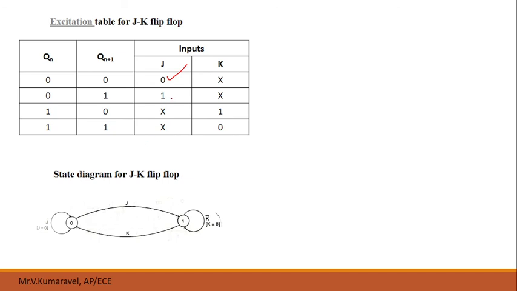But when J equals 1, it will go from 0 to 1. Similarly, we can see for K. For K equal to 1, what happens? It will go from 1 to 0. Therefore K equals 1, it will change its state from 1 to 0, but when K equals 0, it remains in the same state itself, that is 1 itself.